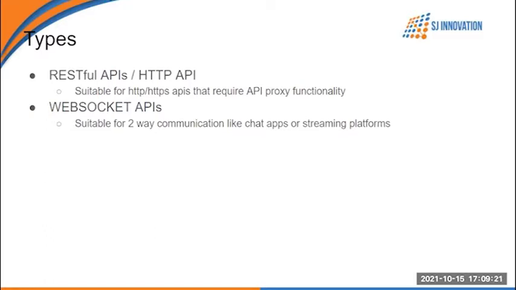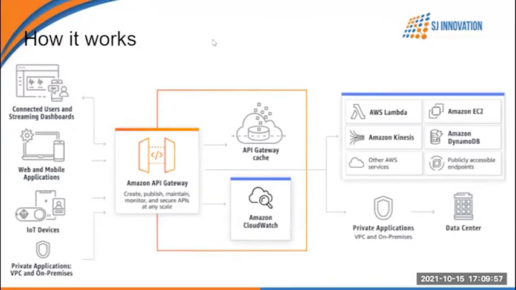If you want to access content at much greater speed and expect constant, active interaction between two systems or two people, like the user and the host, the WebSocket API plays an important role and makes that two-way communication quicker and easier. So these were the types of API Gateways. Let's look at how this API Gateway actually works.